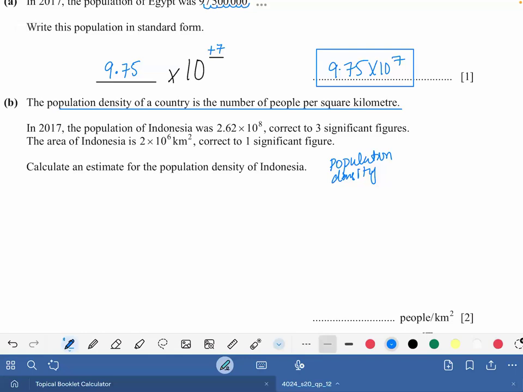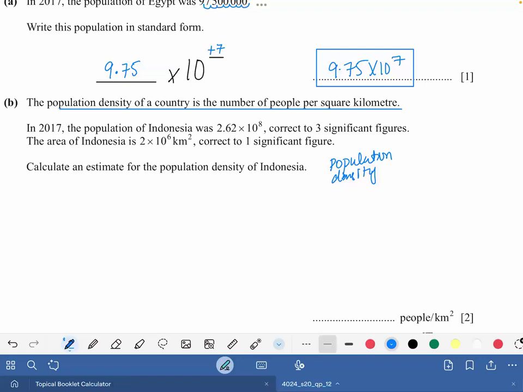The population of Indonesia was 2.62 multiplied with 10 power 8, correct to 3 significant figures. The area of Indonesia is 2 multiplied with 10 power 6 square kilometers, correct to 1 significant figure. Calculate an estimate for the population density of Indonesia.